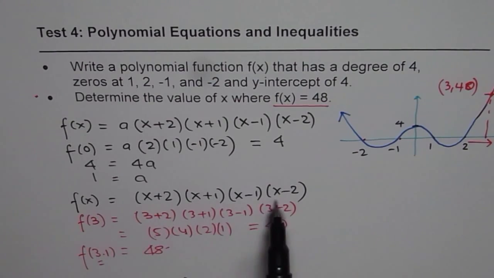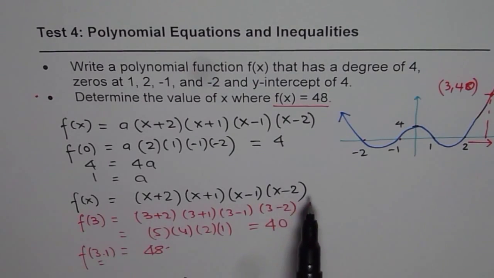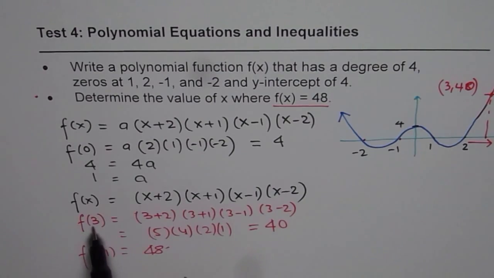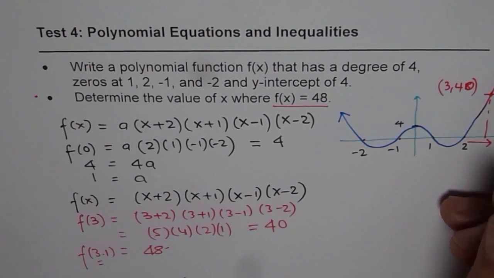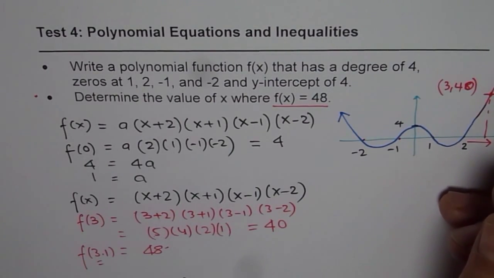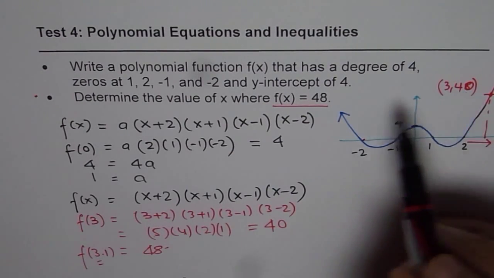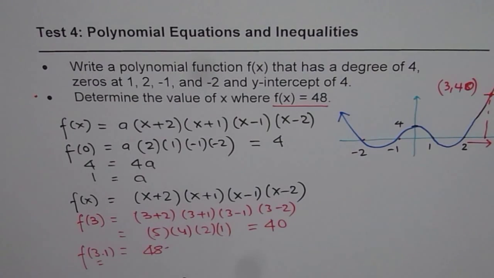Avoid expanding this, factoring and all those things, right? Don't do all that. Use your calculator, plug in different values, get the answer. Even if you try f of 4, you'll find a very high number. That is going to give you an idea that your answer should be very close to 3, right? 3 is giving you 40. You need 48. So try 3.1, 3.2, like that. Well, 3.1 is the solution.